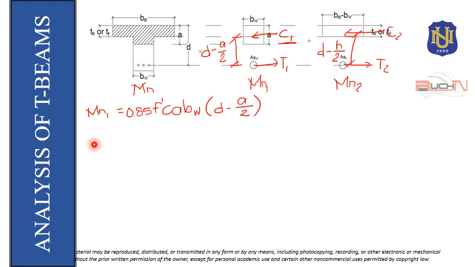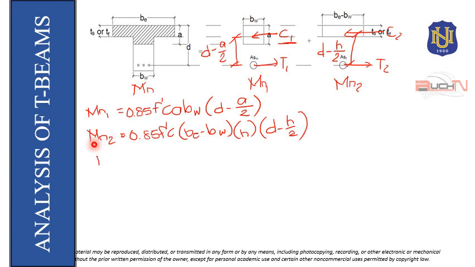Then, for the second nominal moment capacity, that will be Mn2 is equal to 0.85 f'c, so, that will be be minus bw times h times the moment arm d minus h over 2. So, yan yung second nominal moment capacity.